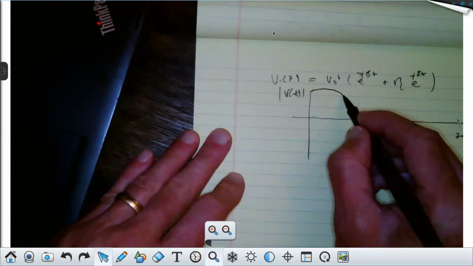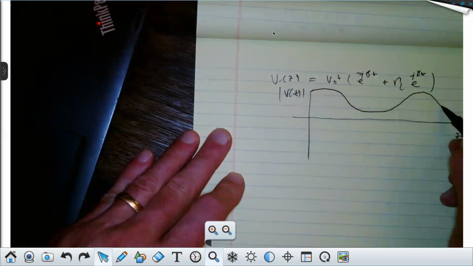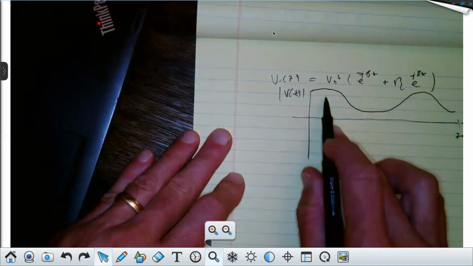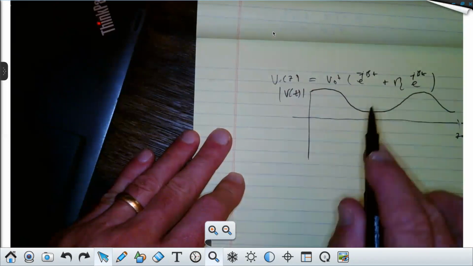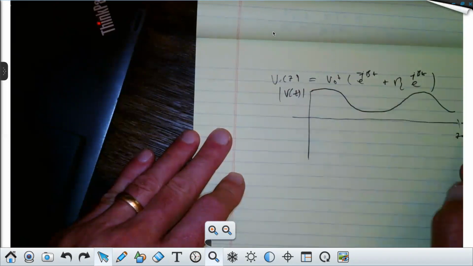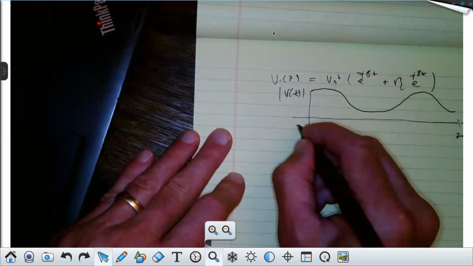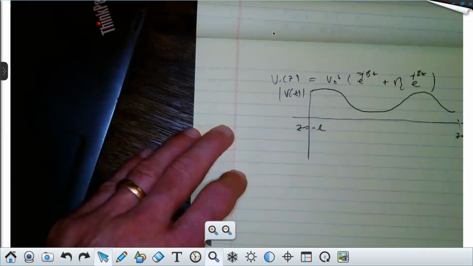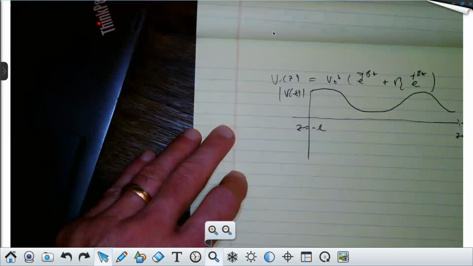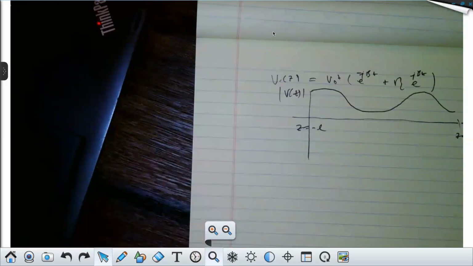We'd see something that goes like this until finally at the load it would have a value. This would be Z equals minus L. You would see something that undulates or changes periodically in a very predictable manner.